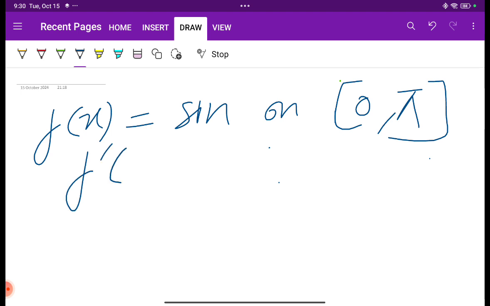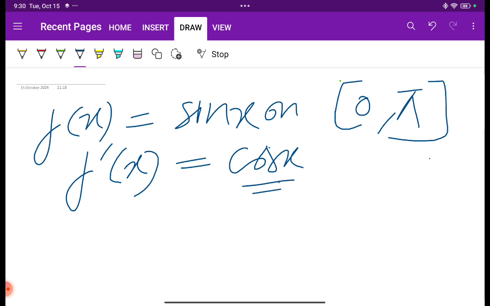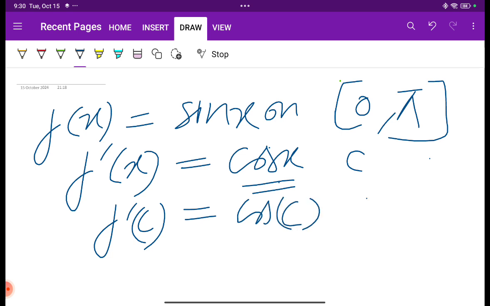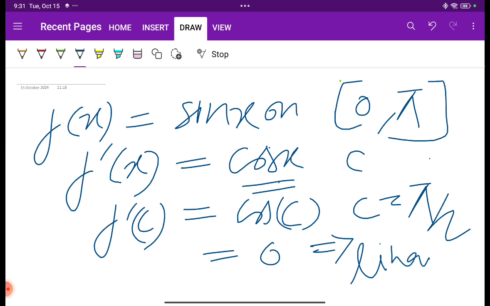As we differentiate, we got cos x, and we see the value in this case when we put the value c: f'(c) is cos c, and c is pi by 2, the value comes 0, it means the graph is linear. This is the first derivative test.